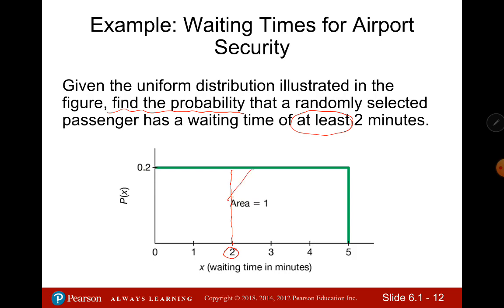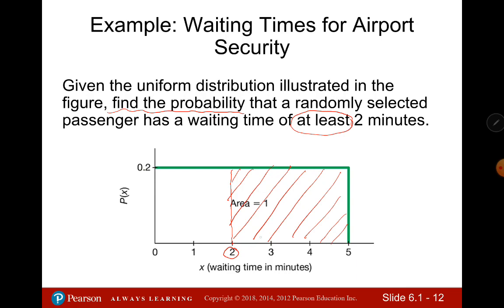So we focus on the area to the right side. At least means to the right, because it's 2 or more. Then we can shade the area we need. We shaded the area we are interested in.